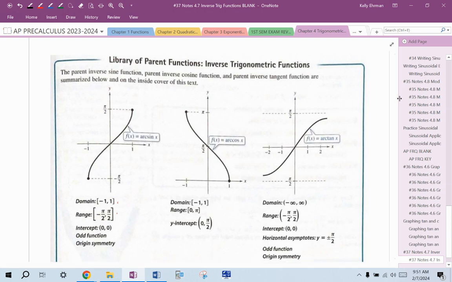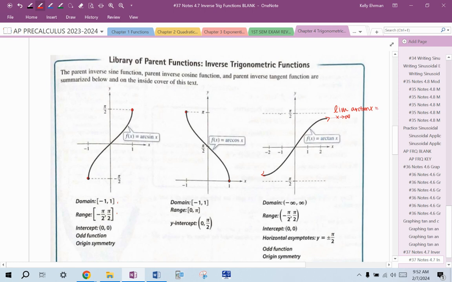I want to point out arc sine and cosine have endpoints. They do not go on forever, but arc tangent does go on forever. And as it goes on, the limit as x approaches infinity, just to pull out some old notation here, of arc tangent x. What is this graph approaching?